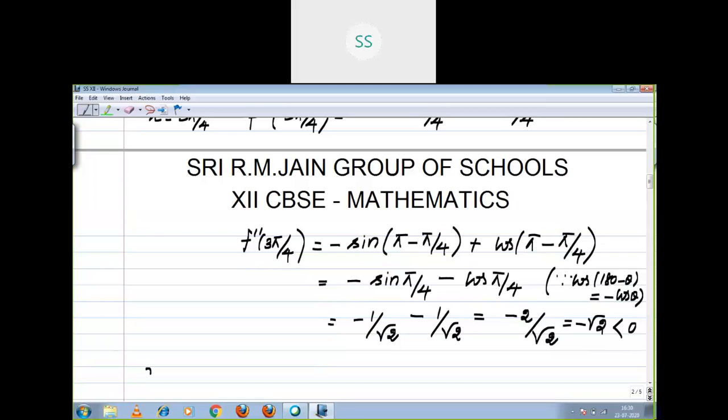That means x is equal to 3 pi by 4 is a point of local maxima. Second order derivative alone decides whether the point is local maxima or minima, I said. You have to be very careful, children.